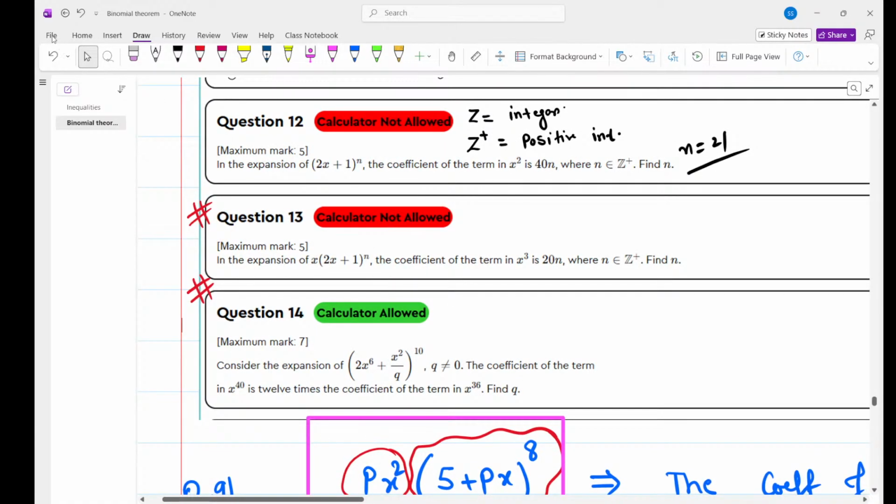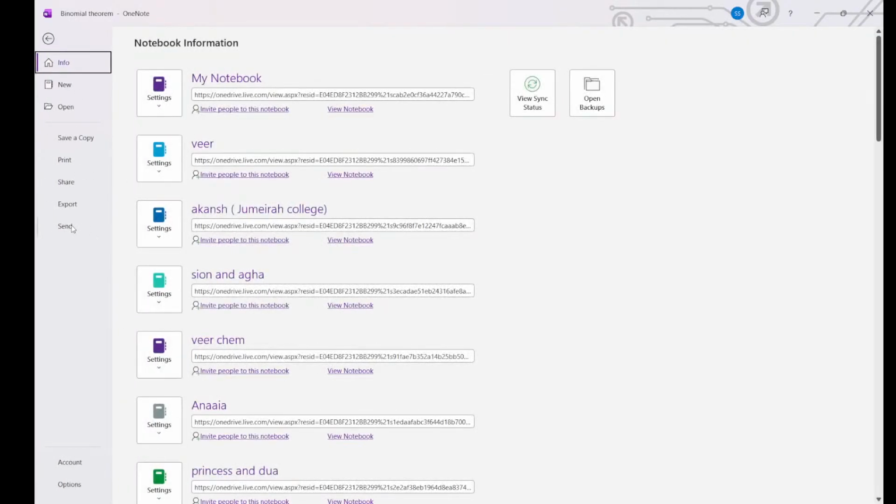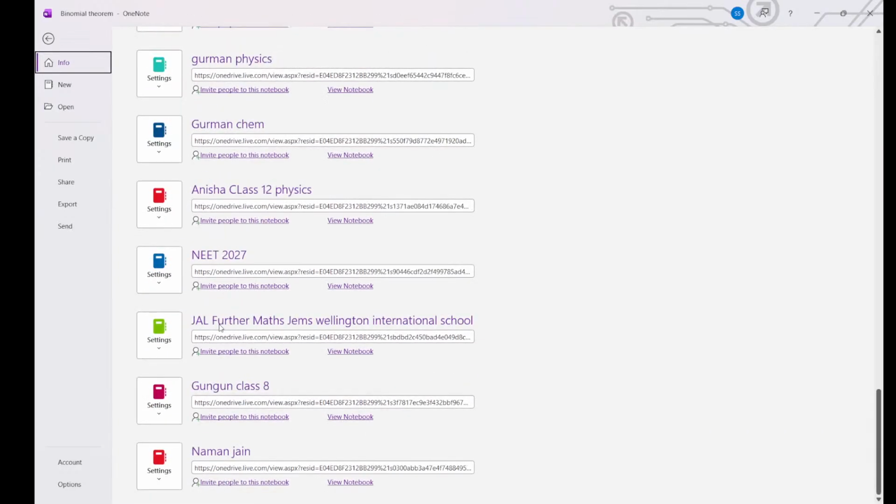Wait, let me share it once again. I'll show you a WhatsApp picture. No problem, I know this. Wait, let me give you the new link. You have this OneNote account. Yeah, I have a Microsoft account.